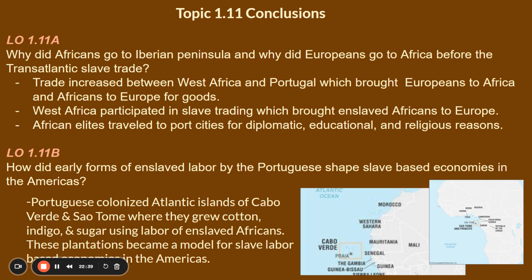But we also know that part of those goods, West Africa participated in the slave trade. It brought enslaved Africans to Europe that way.